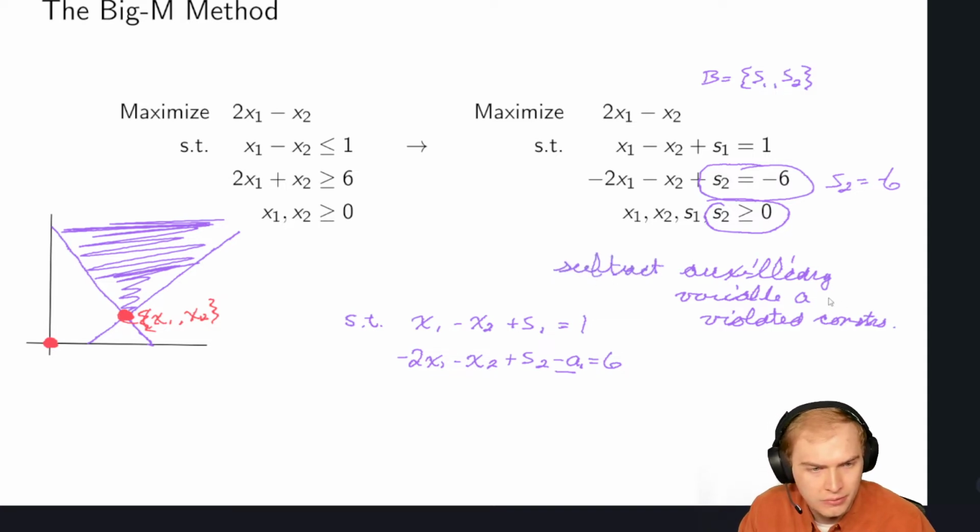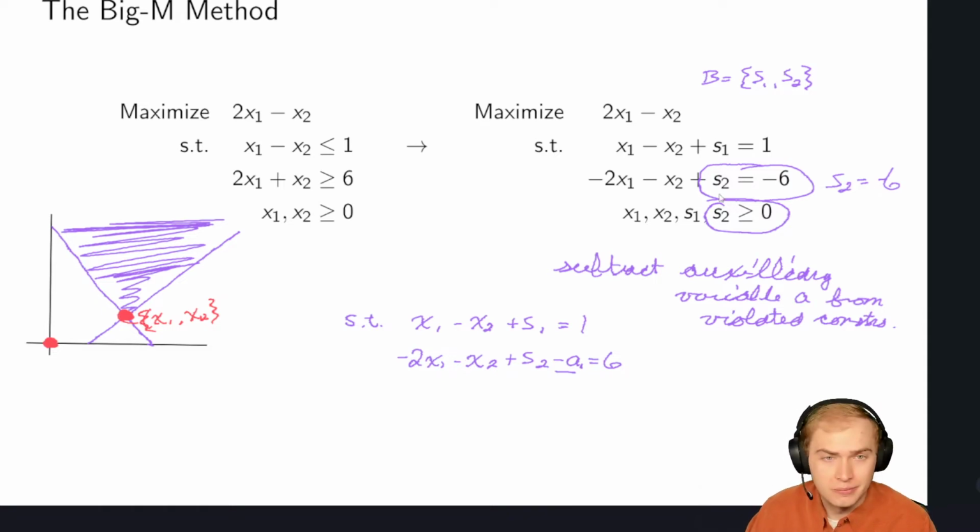Subtract auxiliary variable A from the violated constraints. Remember that our constraints are only in standard equality form. In their, well, this is actually in the canonical form for this basis.